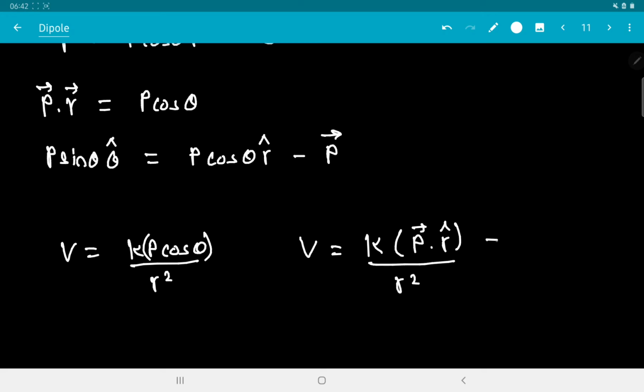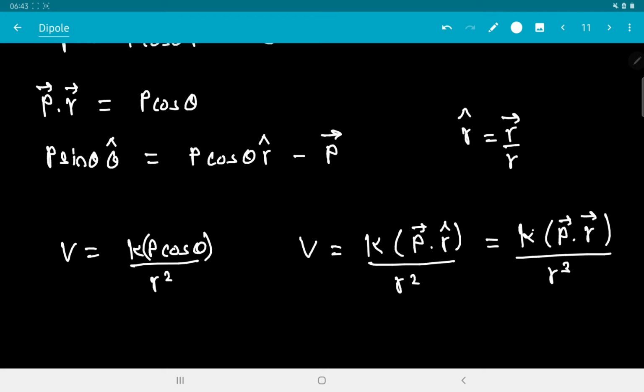We can also further write this as k p vector, replacing this r cap by r vector divided by magnitude of r, that means this will become r cube. We can replace r cap by r vector divided by magnitude of r, because many times we will be given the position of that point.